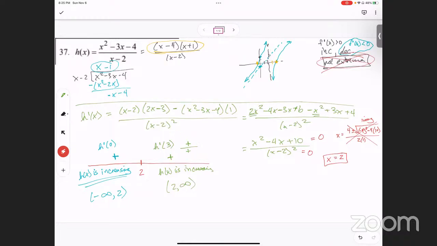The double derivative would have been positive on the left, and negative on the right. The reason I know that is because I look at the graph, and what do you see? Like you mentioned, the concavity on the left of 2 is positive, or concave up, and the concavity on the right of 2 is concave down. So that would be a negative double derivative.